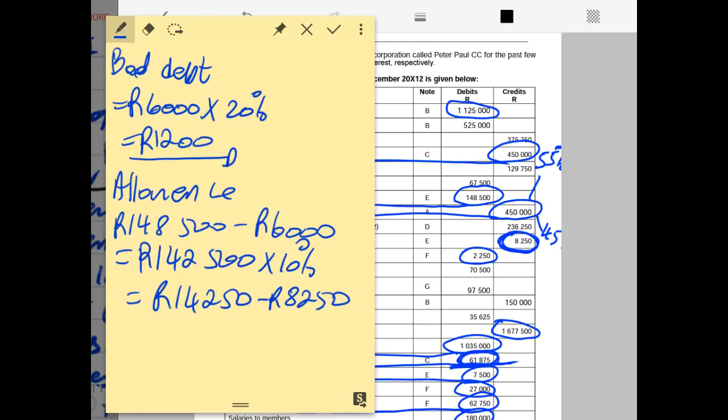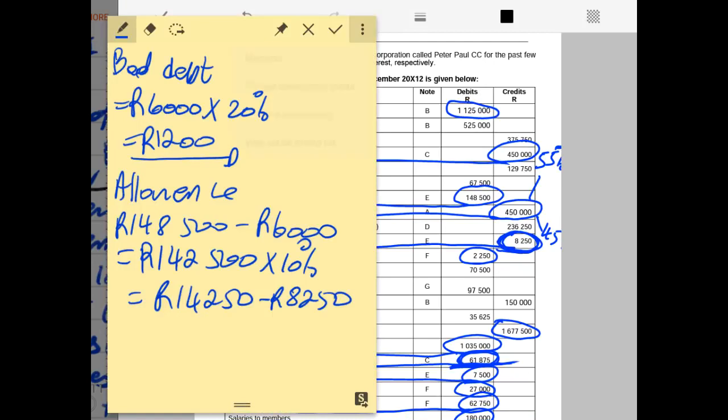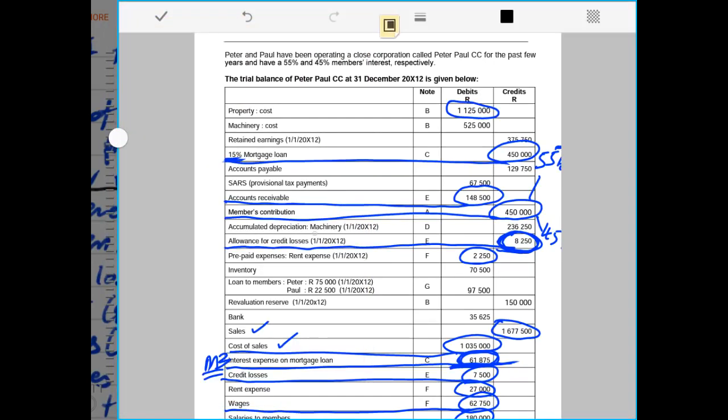If you look at this allowance for credit loss, just to confirm, allowance for credit loss 8,250 is the old allowance at the beginning of the year, and you see the date, 1st January 2012.